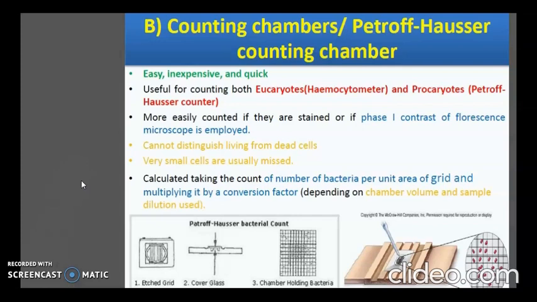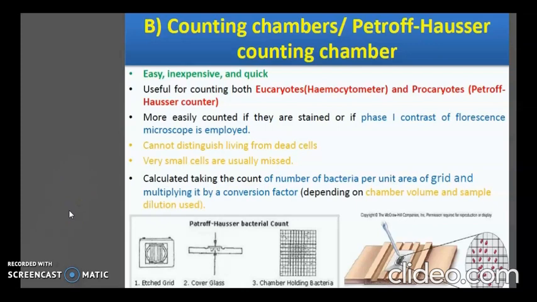For eukaryotes, we can use hemocytometer, and for prokaryotes, we can use Petroff-Hausser counter. Cells can be more easily counted if they are stained or if phase contrast or fluorescent microscope is employed. It cannot distinguish living from dead cells, and sometimes very small cells are missed.